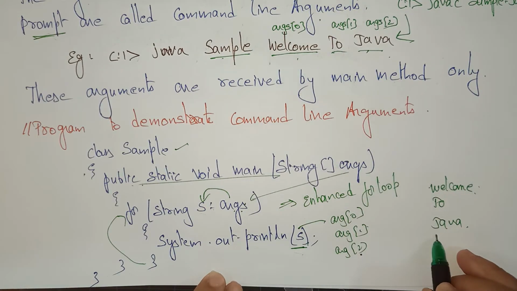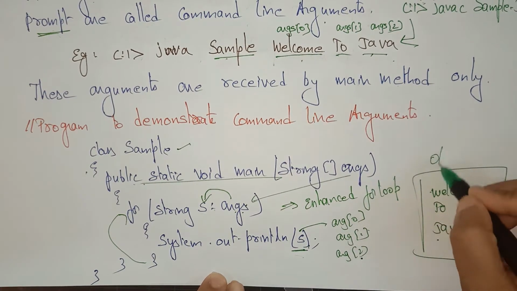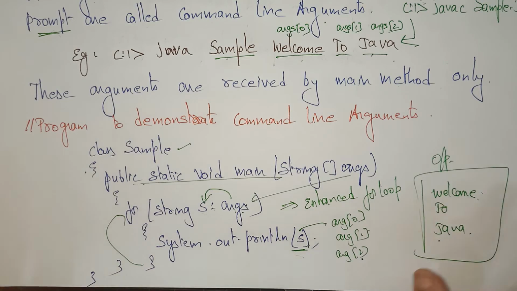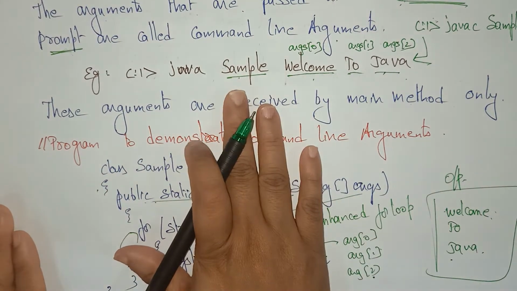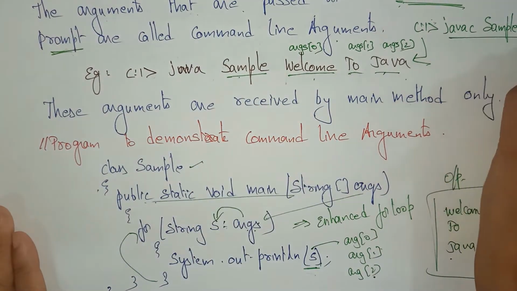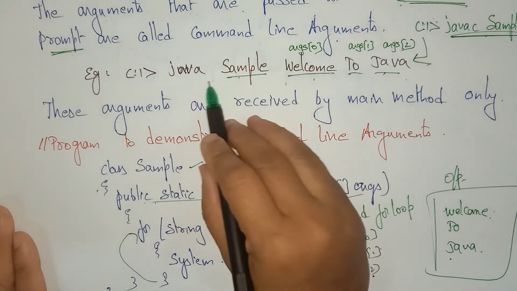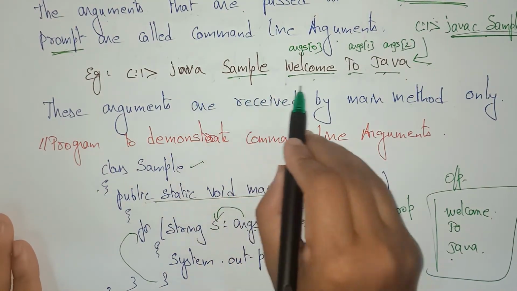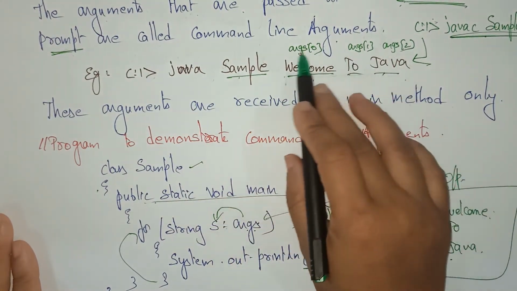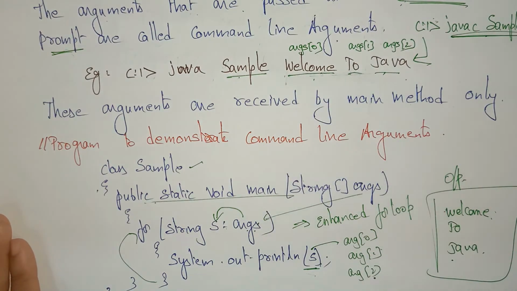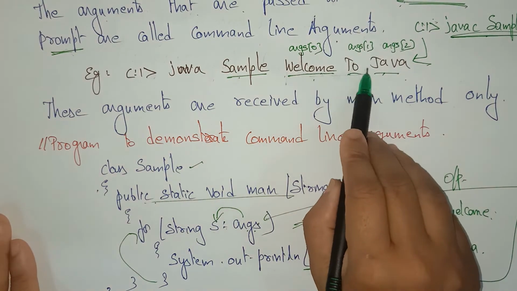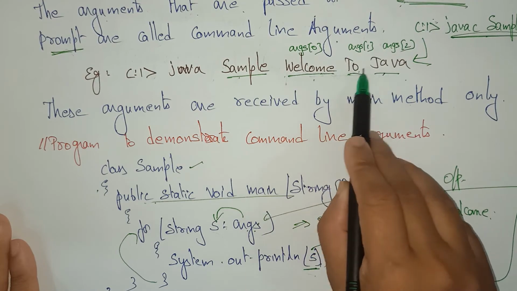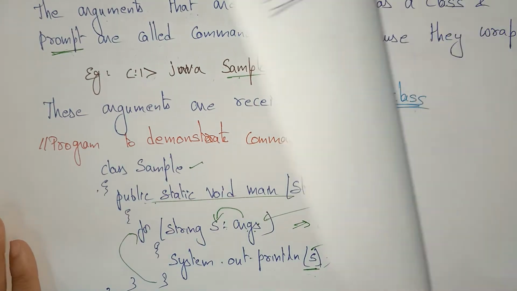Those 3 will be printed on the output screen. You have to give them at the command prompt. First compile the program, and after compilation, java sample, followed by whatever arguments you want to pass. Whenever a space is given, it goes to the next argument.